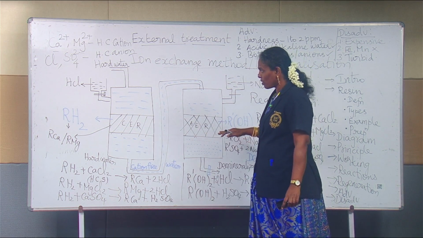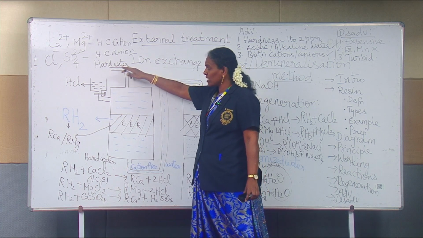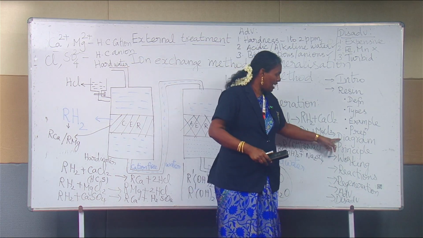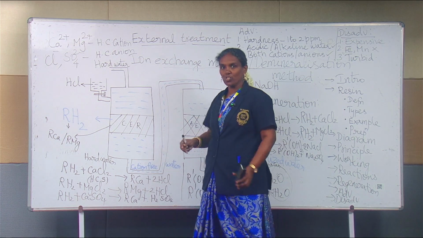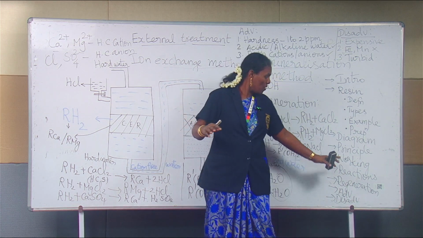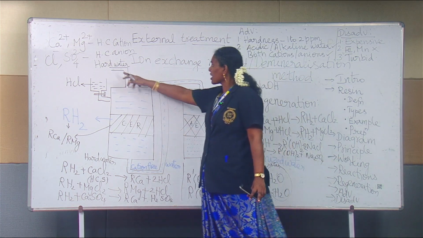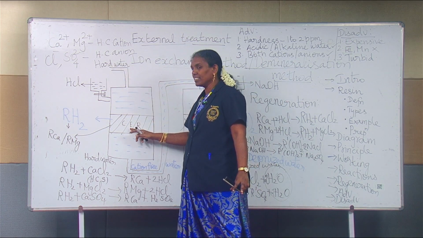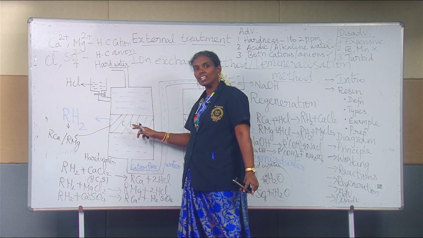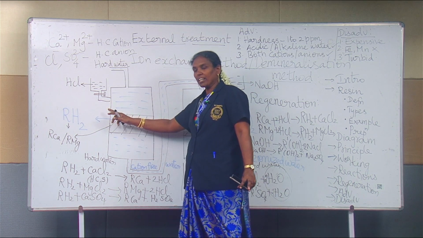Here, first of all, we are passing the water, as in the diagram. After that, the principle, a simple ion exchange process, takes place. Working: hard water enters cylinder 1, where all the cations are exchanged by H plus ions.